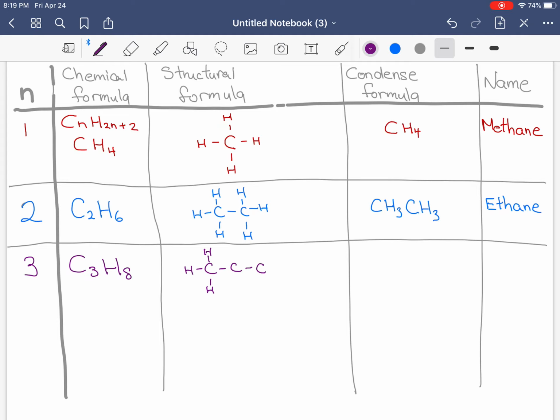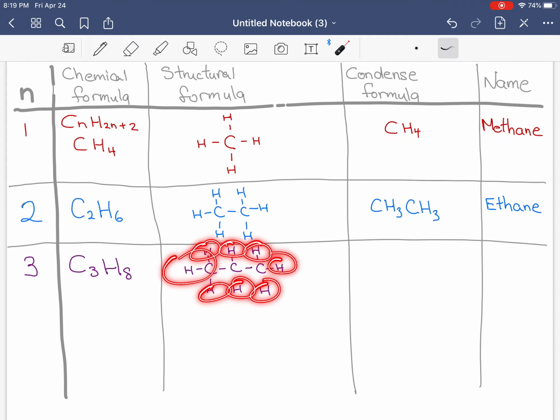Well, if H's make 4 bonds, that means I owe this carbon 2 H's, because this carbon is bonded to this carbon and this carbon, that's 2 bonds, and I need 2 H's to make it 4 bonds. And it should make sense because this carbon will hold 3 H's, and if you count, that's 1, 2, 3, 4, 5, 6, 7, 8, just like what we were asked to do.